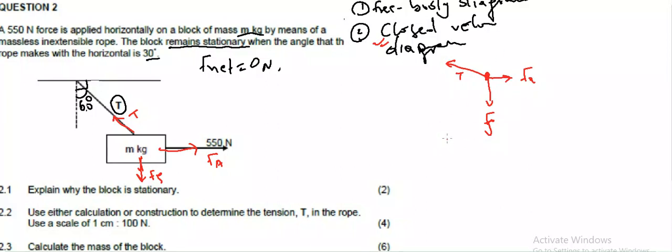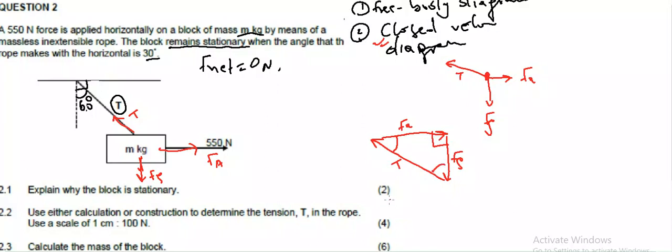So we have the vertical line and the horizontal line, then we have 90 degrees. This one is Fg, this line is Fa, then this one is the tension force. Now we need the angles here.